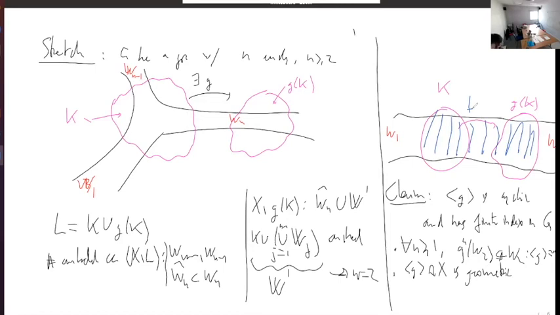It is g of W1 intersected with W2 union K. Okay, for instance. Or K is maybe already, I don't need K, I guess, but this is enough. And so if you can prove that any point has to go through this set, then you're done. And why is it the case? It's because everything is pushed under g towards the end of W2 at infinity. Okay, so I think I will stop there.